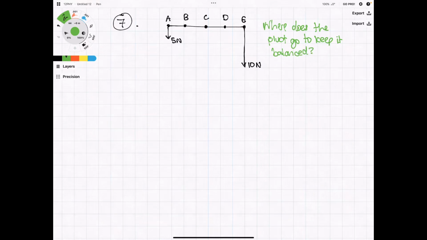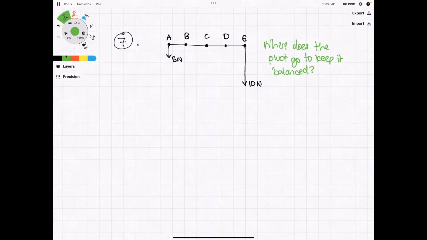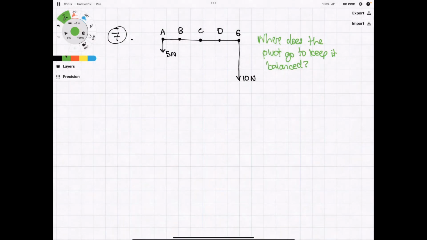The way that we're going to figure this out is either we can just use pure logic to think about it, or we can actually do some maths. We'll also label that this distance here is 1 meter.